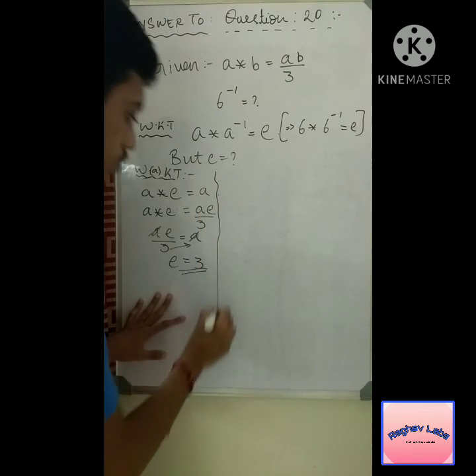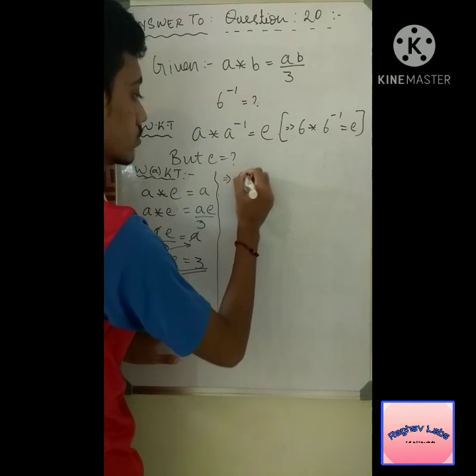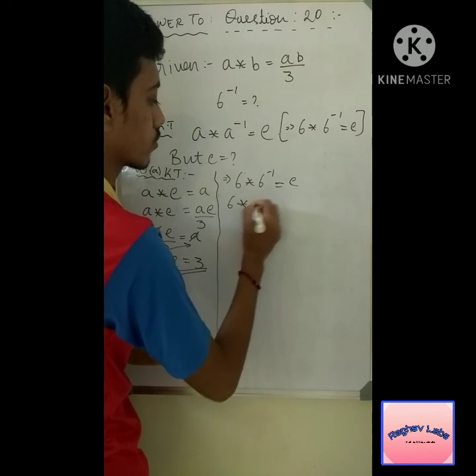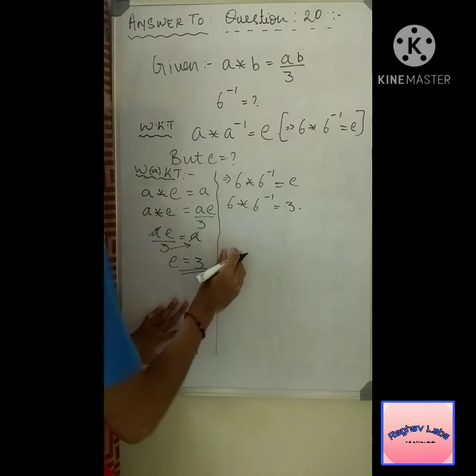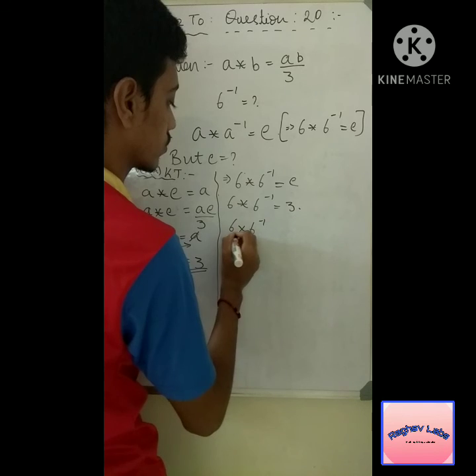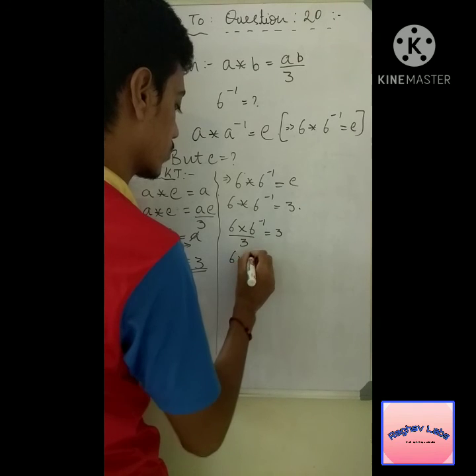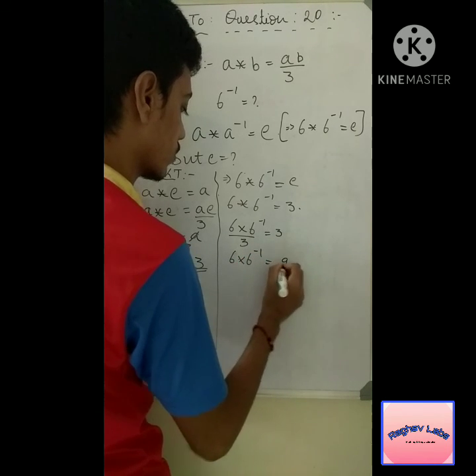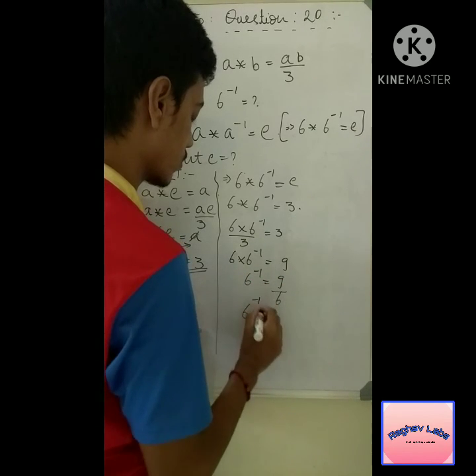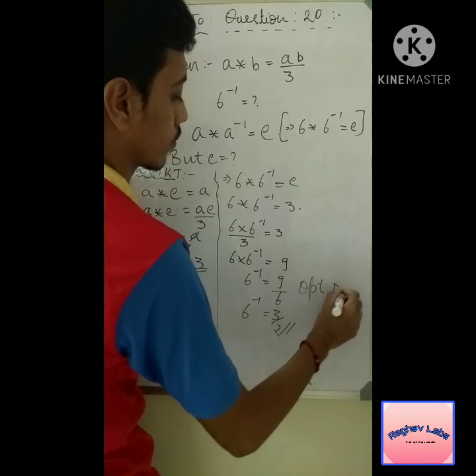So a star a inverse, or 6 star 6 inverse, is equal to e. 6 star 6 inverse is equal to 3. 6 into 6 inverse by 3 from equation 1 is equal to 3. So 6 inverse is equal to 9 by 6, because of cross multiplication, which is 3 by 2, which is in option D.